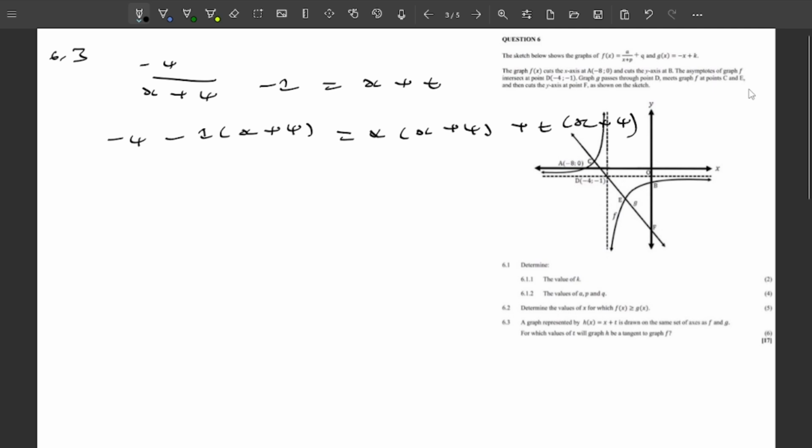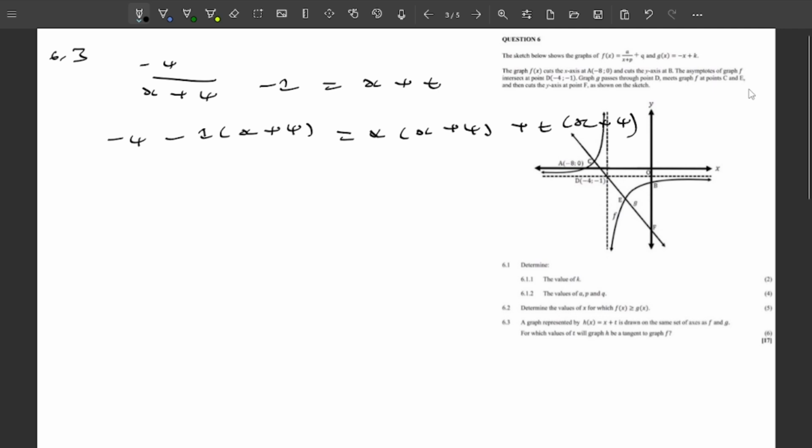Now I already rushed into the answer. It's because I'm just gonna say x + 4 multiplied by this negative 1 and then multiply by the x + 4, and then I'm gonna multiply this x + 4 on both sides of the equal sign, and you should get this after you have multiplied and done everything.